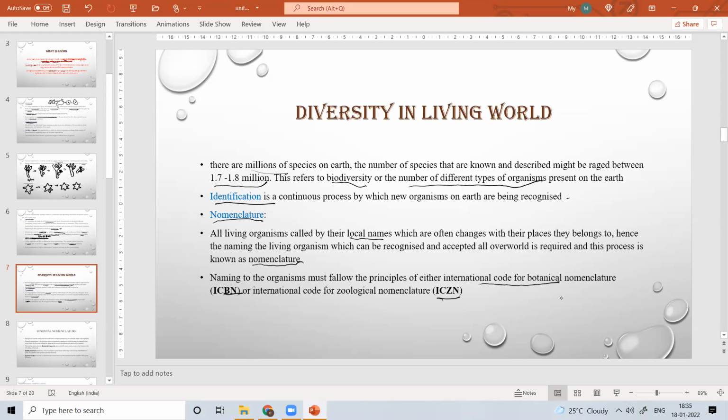That means giving names to plants, and to give names to animals. In order to name the plants, we should follow the ICBN. And in order to give names to animals, we need to obey the rules put forward by the International Code for Zoological Nomenclature, or ICZN.